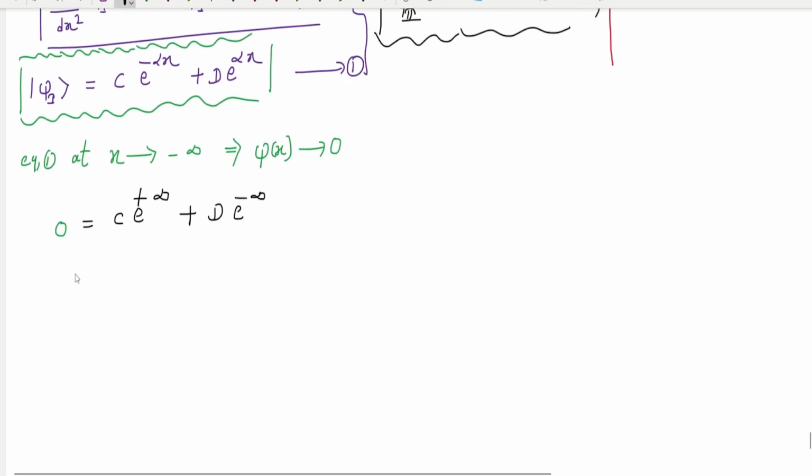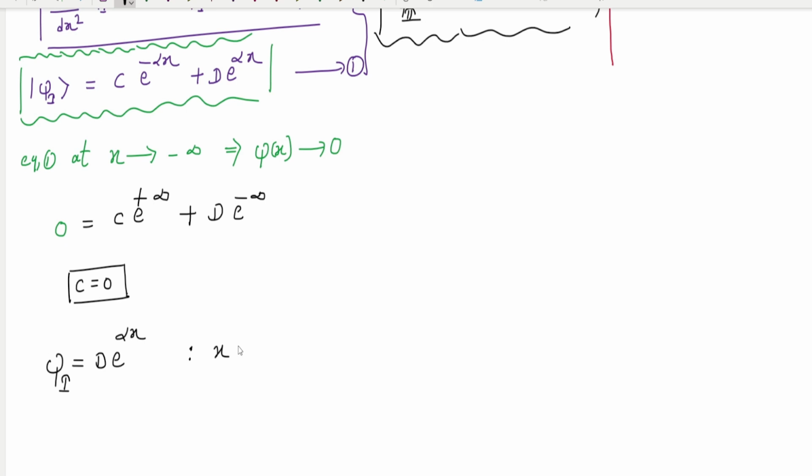It is completely 0, right? Then I got c is equal to 0. C is equal to 0. If you put c equal to 0 here, then we can get region 1 solution correctly. Region 1, d e power alpha x at x less than minus a.